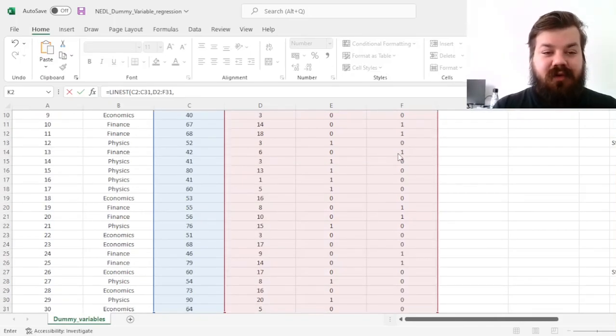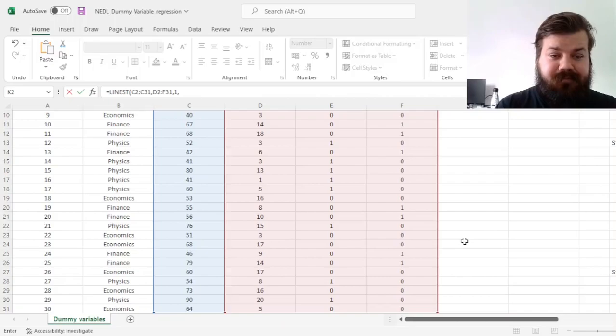Then we input 1 as we do want the constant. Here, the constant would be interpreted as the expected grade an economics student would obtain if they do not revise at all. So again, quite an obvious or intuitive interpretation of the constant.